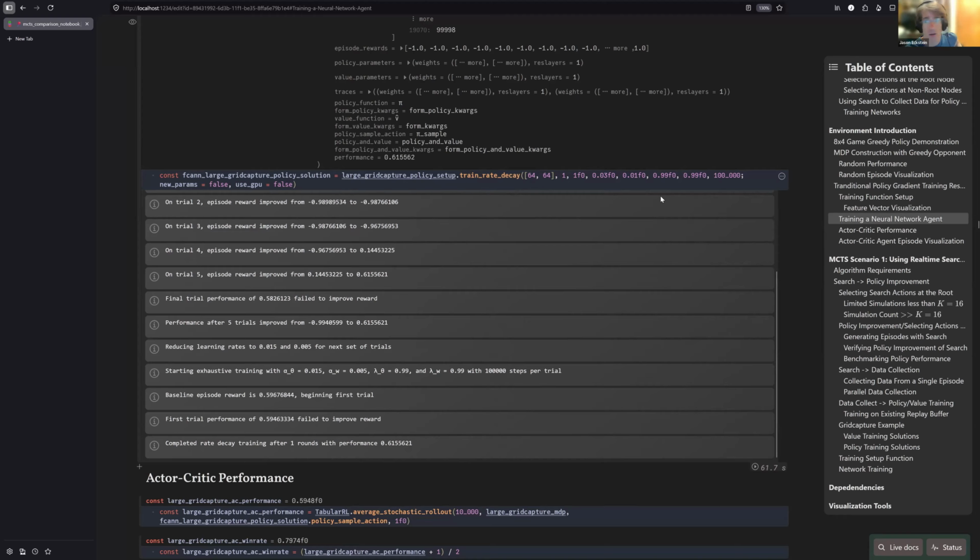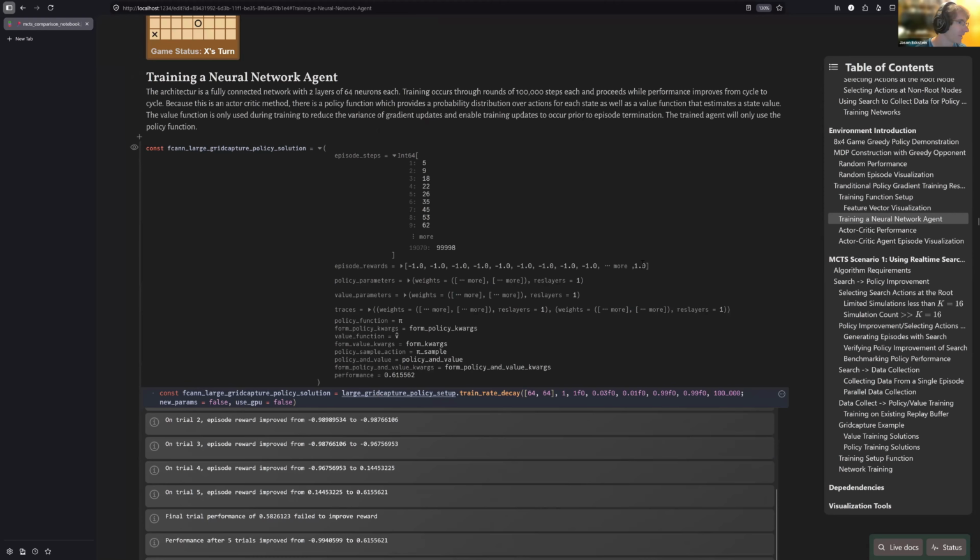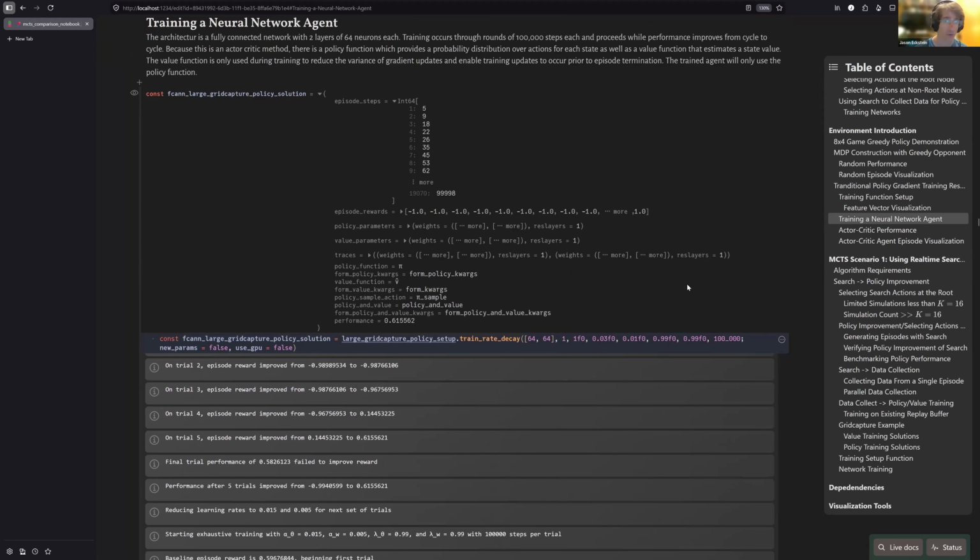So one thing that's definitely true is whatever you've trained, if it's not perfect, you can use the tree search to improve it in real time. We can use the tree search as a training method as well. The question of whether that is more efficient than training with just an actor-critic algorithm or an independent learning algorithm is another question, which we can't really answer until we do a lot of benchmarking.